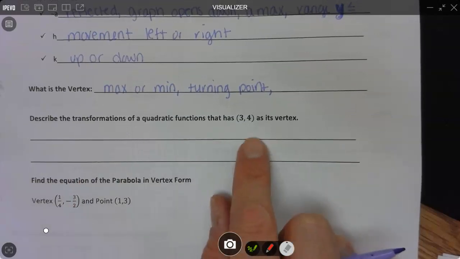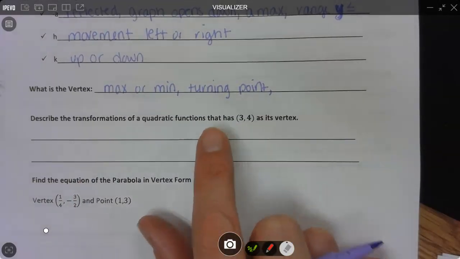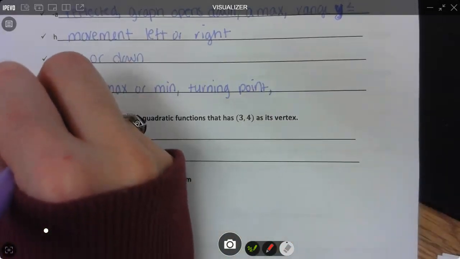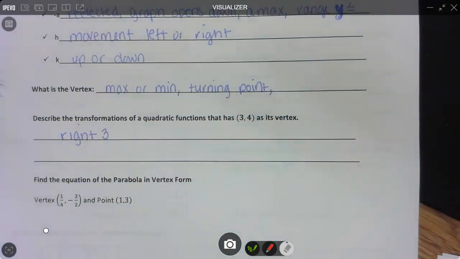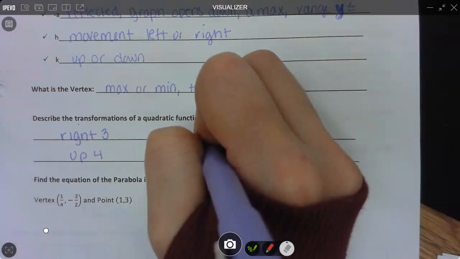If a quadratic function has a vertex (3, 4), then I know that that vertex tells me my graph has moved right 3 and up 4.